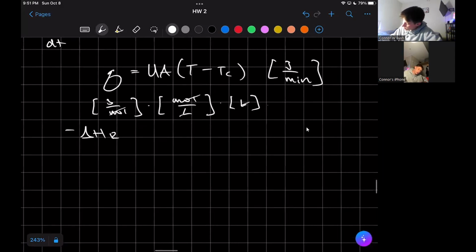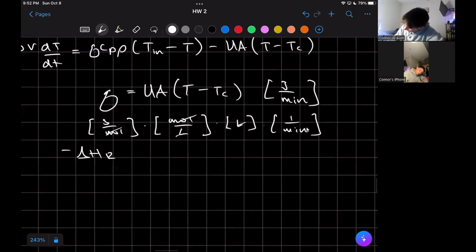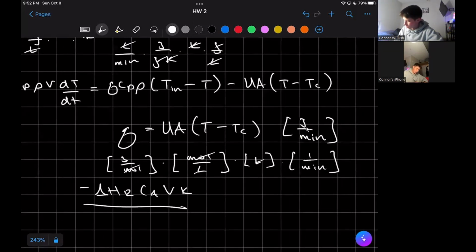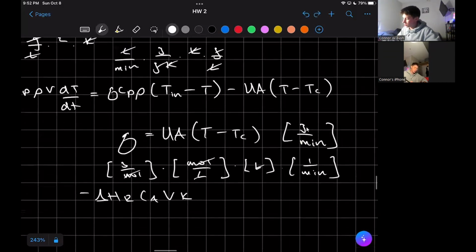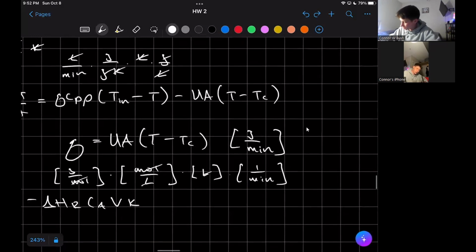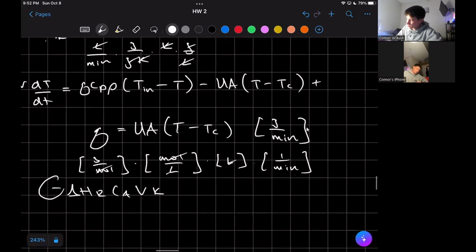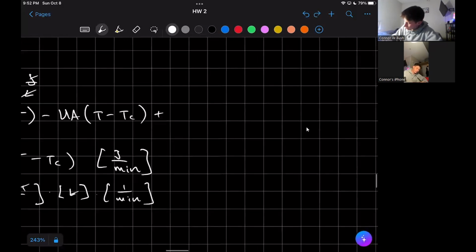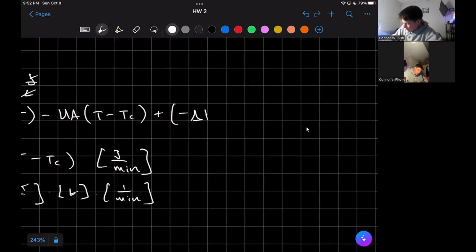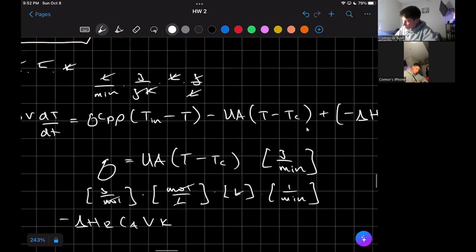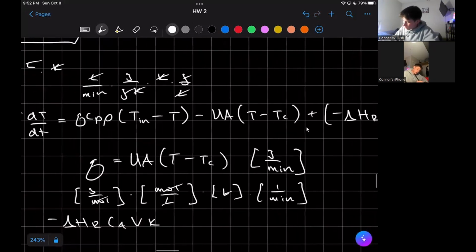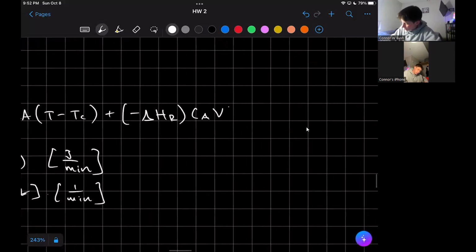And then if we multiply by the rate constant, that's 1 over minutes, because that's the units for a first order rate constant. So if we get all of this together, we're left with this expression in units of joules per minute. So we can subtract that, but since there's this negative sign, I'm going to add it. So we have negative heat of reaction multiplied by concentration, volume, and rate constant.